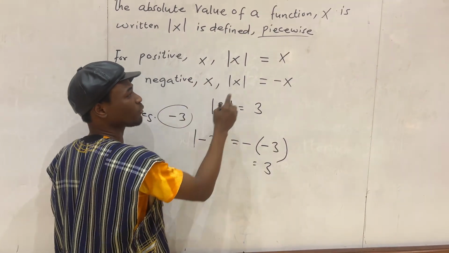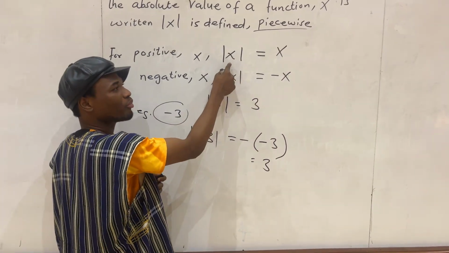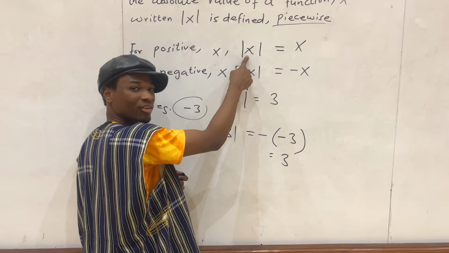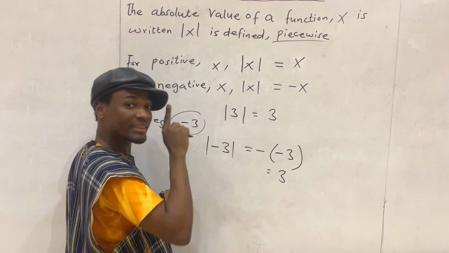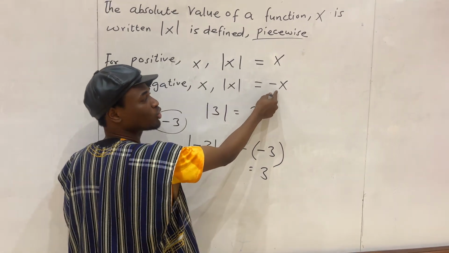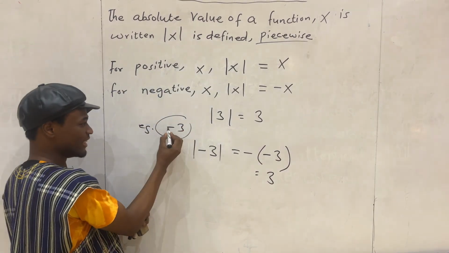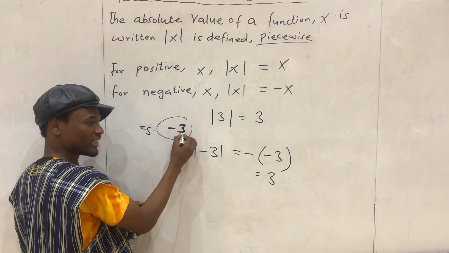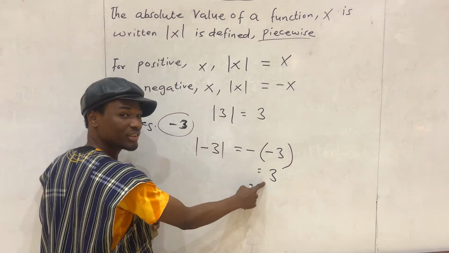In other words, when I have positive x and I take the absolute value of positive x, I should have positive x. Similarly, the absolute value of negative 3 is positive 3.